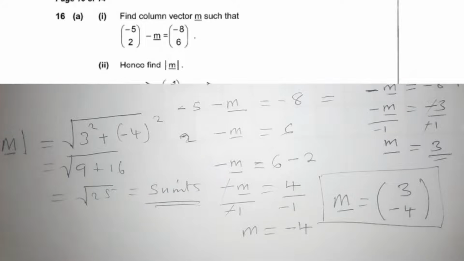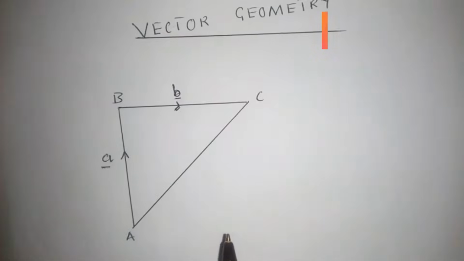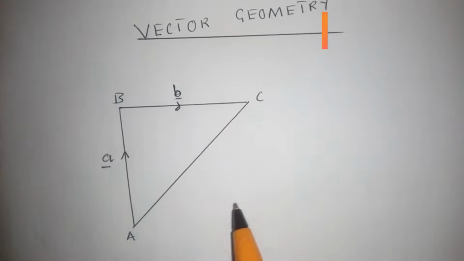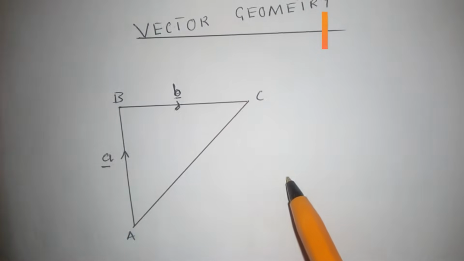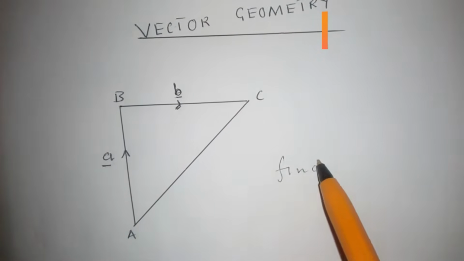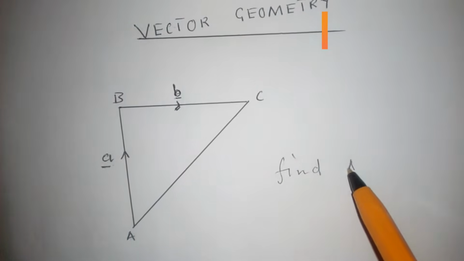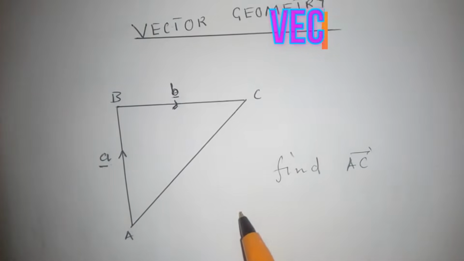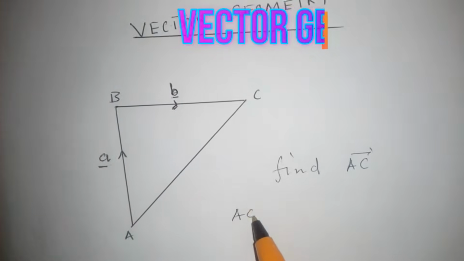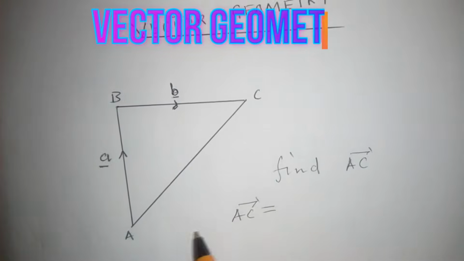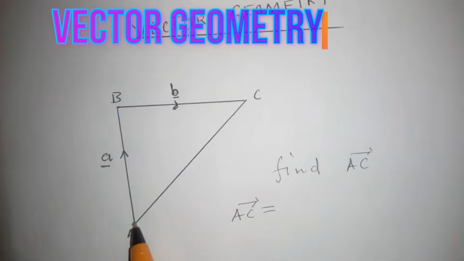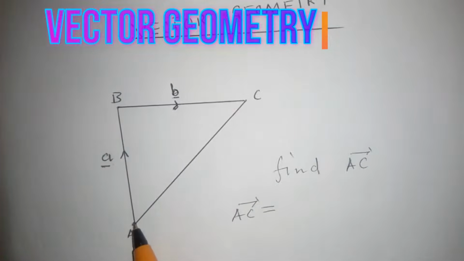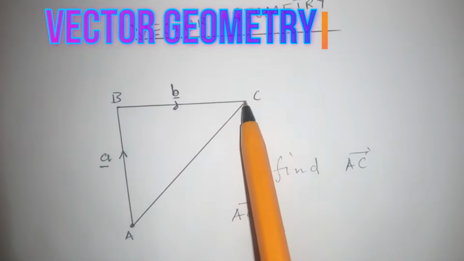Let's check another work which we need to do. This is vector geometry. So in this case, you may be asked a question to find vector AC. So when you've been asked to find vector AC, you check where A is, it's here. If you don't want to move this way from A to C, which other way can you move?